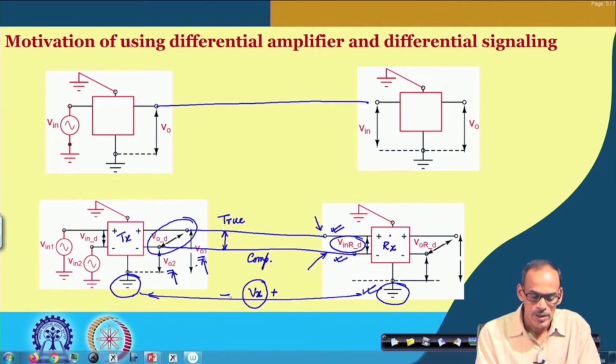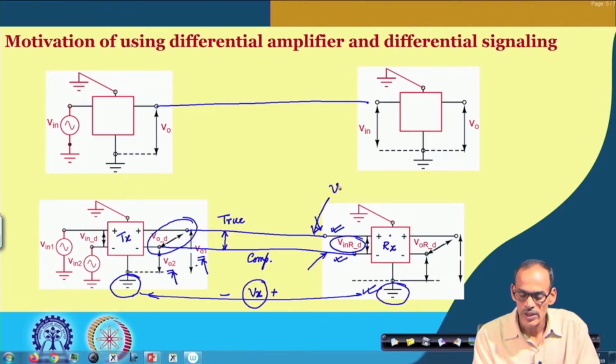So, the signal received at this point, if I call it Vin R1, is equal to VO1 minus Vx. Vx is the voltage here, that is the ground difference. Likewise, if you consider the voltage here, this is Vin R2, which is equal to VO2 minus Vx.